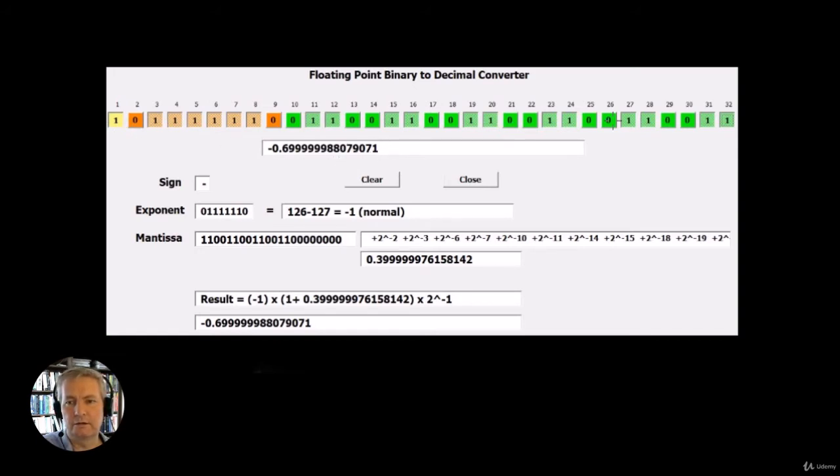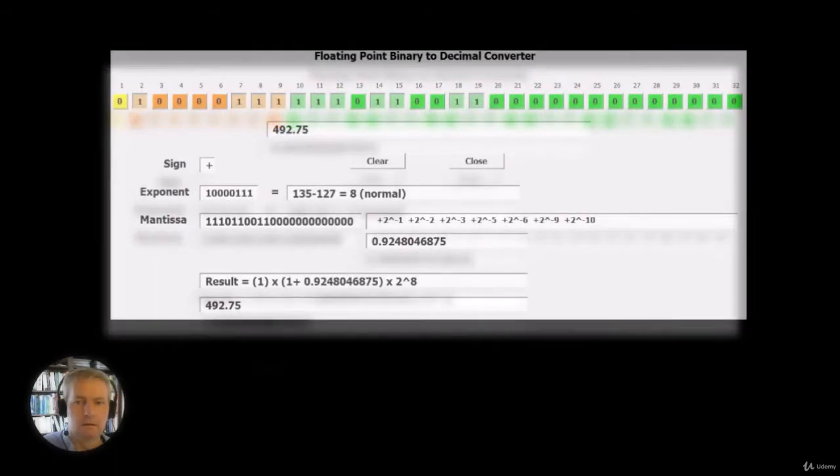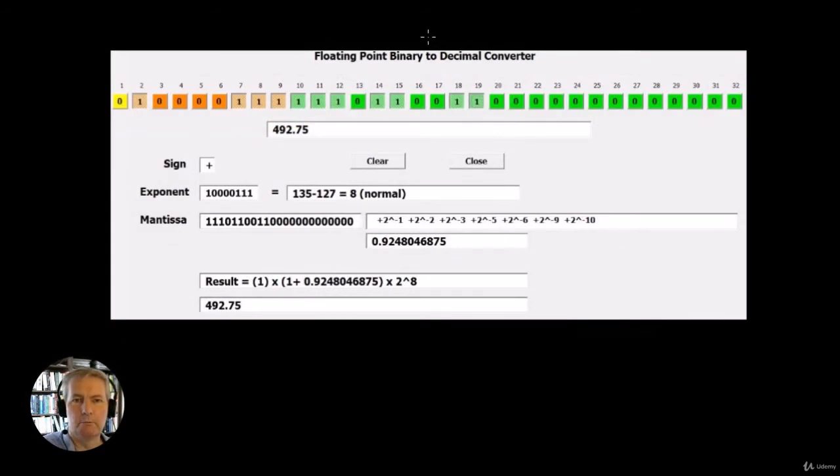So we're going to take this number here, and we're going to multiply it with our second number, and this is our second number here, 492.75. You can see here that we've got an exact representation of this 492.75, and this is the 32-bit number we have here, and you can see how it's generated below.